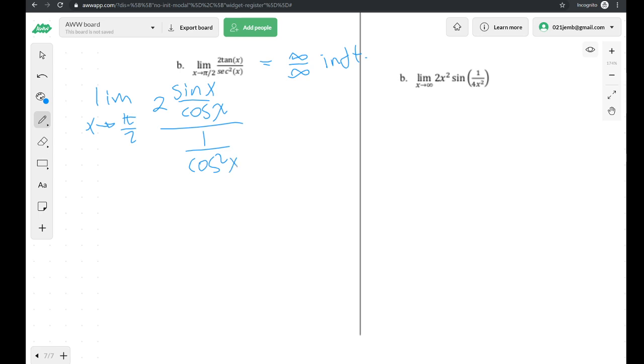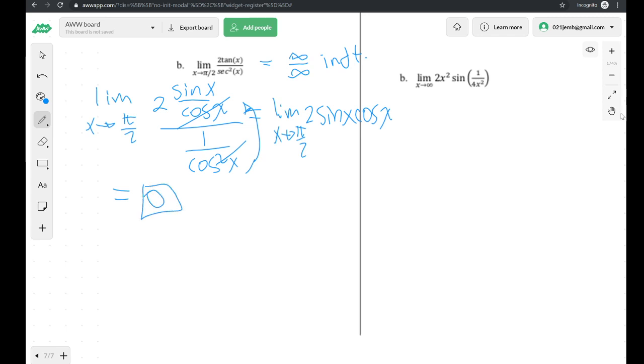And look at that, a cosine cancels out, and we have the limit as x goes to pi over 2 of 2 sine x cosine x. Then we can substitute pi over 2 already, and sine of pi over 2 is 1, but cosine of pi over 2 is 0. So the limit is 0.